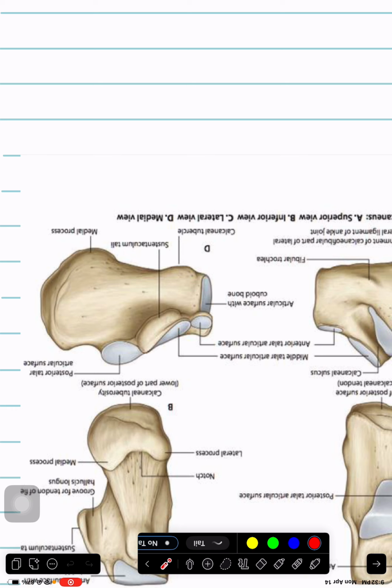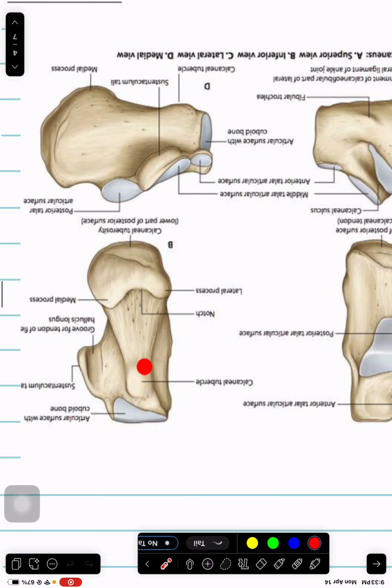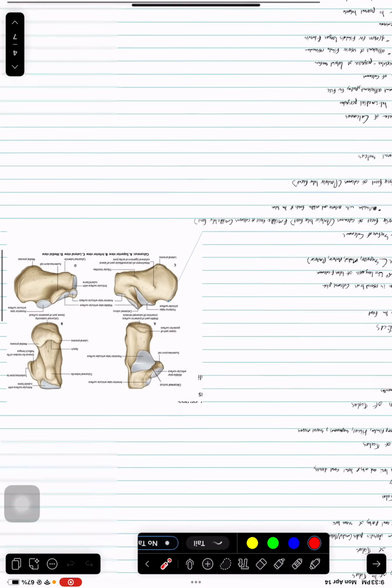And anteriorly, or distally, you would have your articular surface with the cuboid bone, and here you can see the medial process, and here you can see the calcaneal tubercle, which you can see better here on the inferior side.